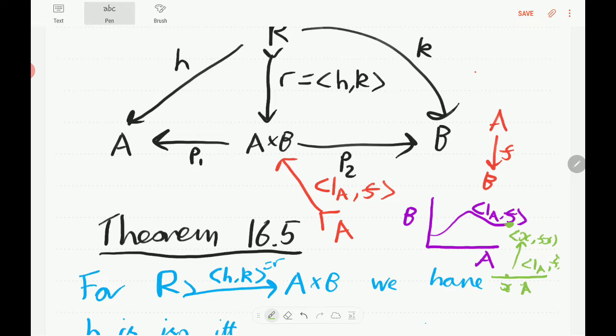So you can see that basically the information about this function f is being encoded in this graph.